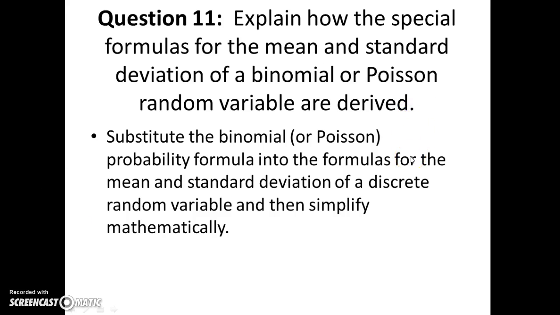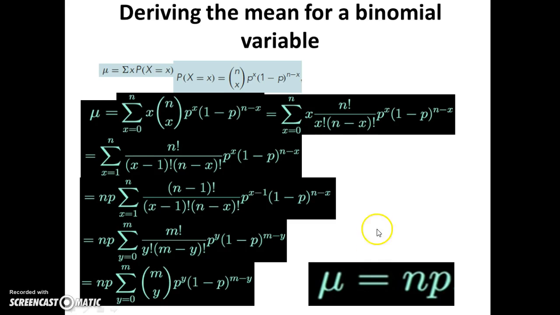Question 11. Explain how the special formulas for the mean and standard deviation of a binomial or Poisson random variable are derived. Basically, we just substitute the probability formula into the mean and standard deviation formulas, and then we use math and simplify. For example, how do we derive the mean for a binomial variable?